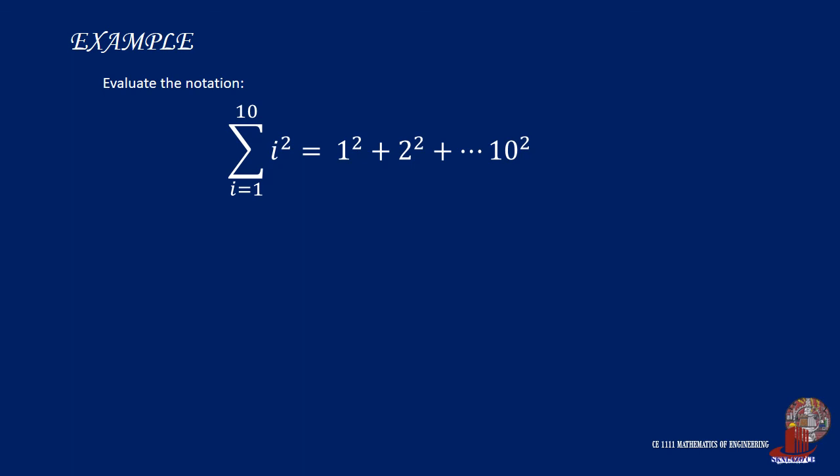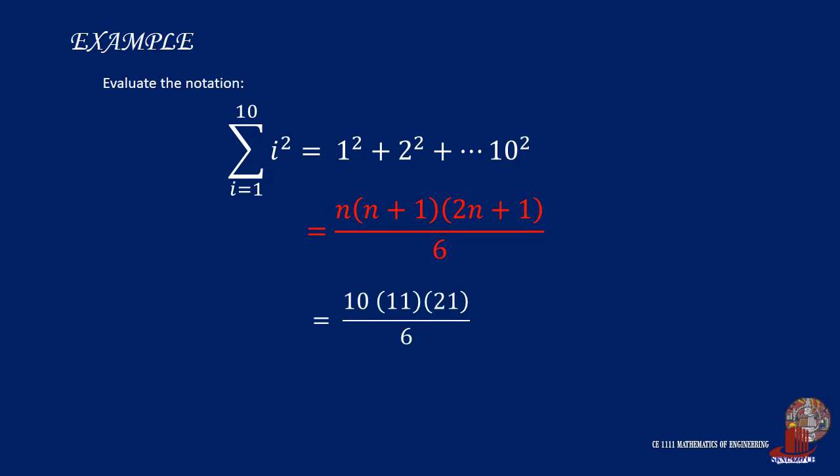Expanding the notation will be like saying 1 squared plus 2 squared and so on until 10 squared. But needless to complete the expanded form of the notation, use the special formula which can simply give you one sixth of 10 times 11 times 21, or that would be 385.